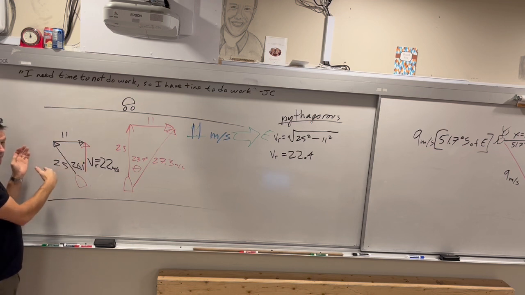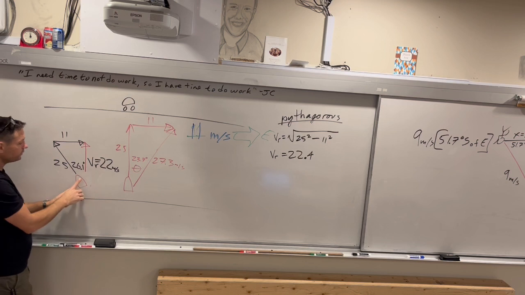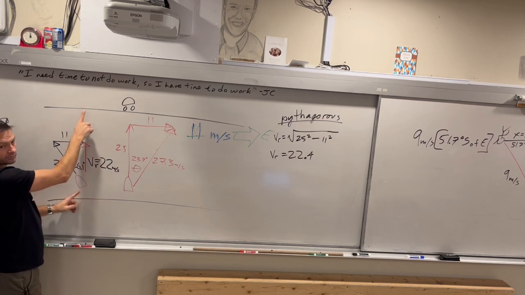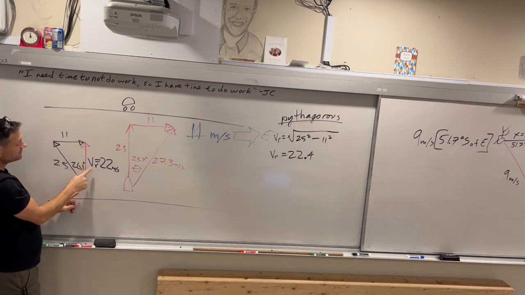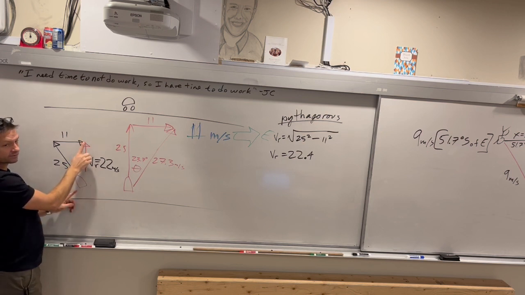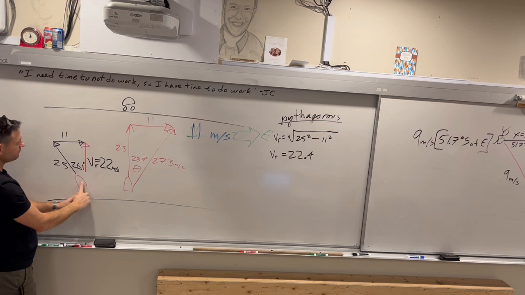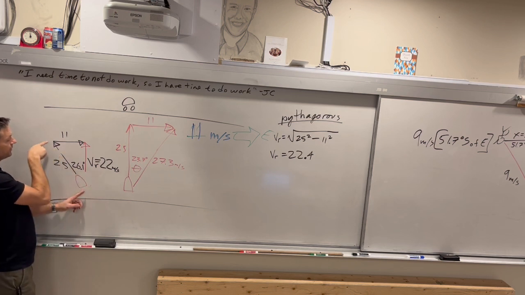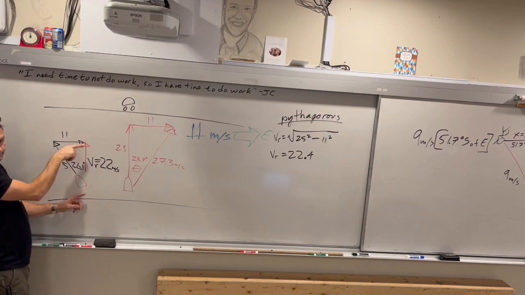Why do I flip it? Because we want to move straight across the river. And so that means our resultant vector has to be straight across. And so I have to add my boat's velocity to the river's velocity.